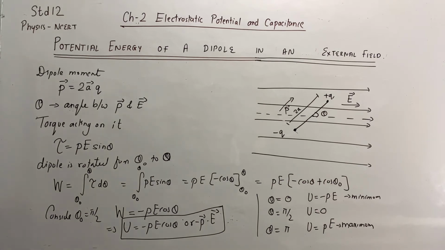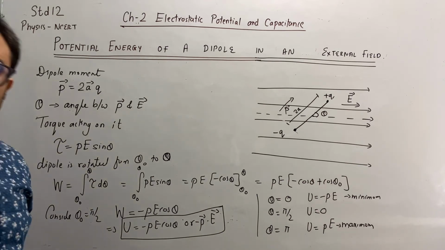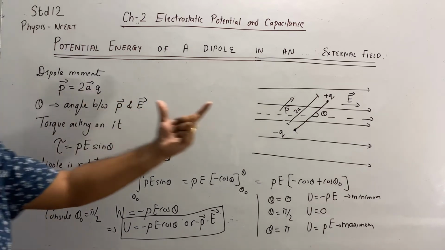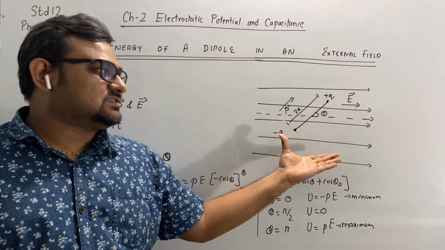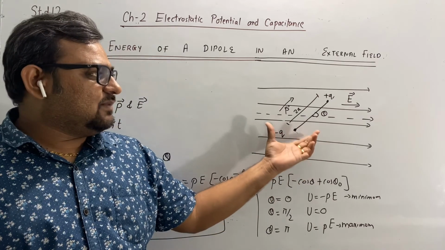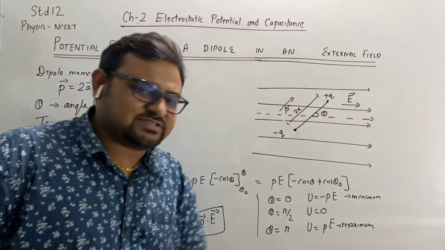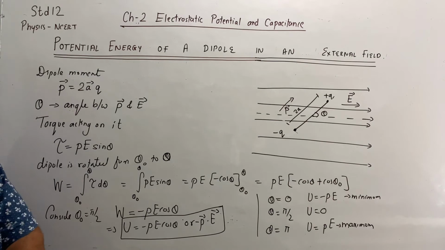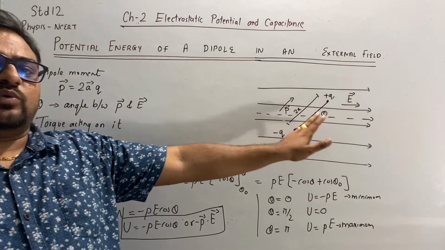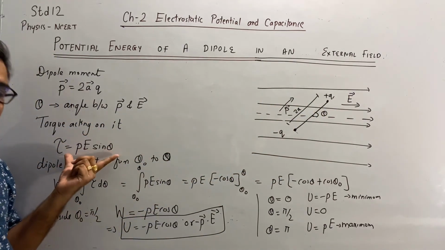Okay, so that was about potential energy of a dipole. I'm repeating in short what we did. We took a dipole and placed it in an external electric field. The angle between the electric field and the dipole moment is theta, right? In this situation, the torque acting will be equal to PE sine theta.